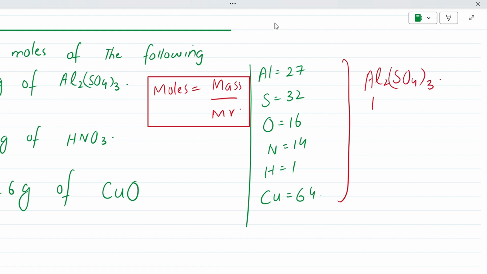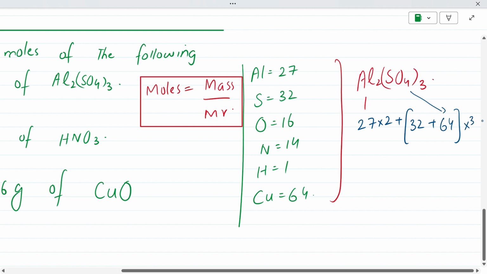So we have 27 times 2, plus, whenever there's a bracket, I told you to put a bracket, sulfur is 32, plus oxygen, 16 times 4. 16 fours are 64, so I'm putting 64 right away, and then times it with 3.